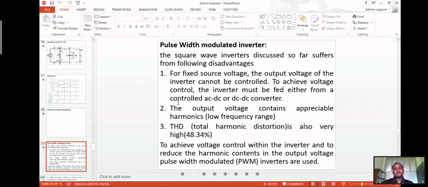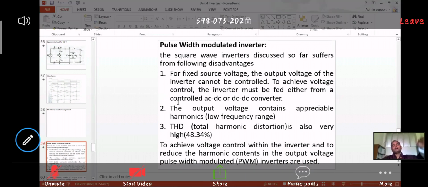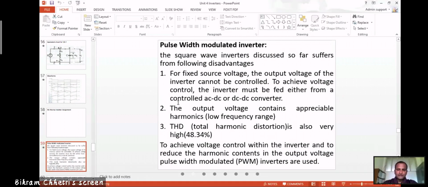Also, the output voltage contains appreciable harmonics. The output voltage of the square wave inverter we have seen till now contains harmonics. To remove these harmonics, we need a separate device or system.